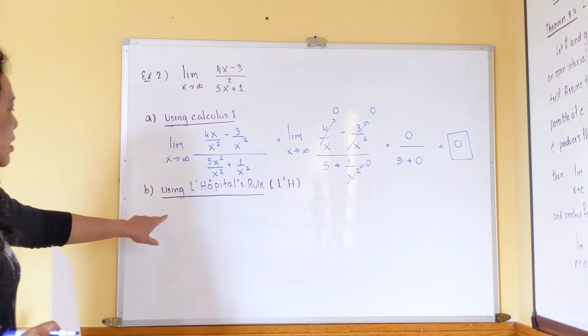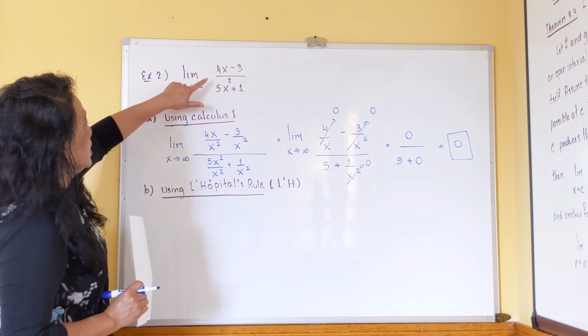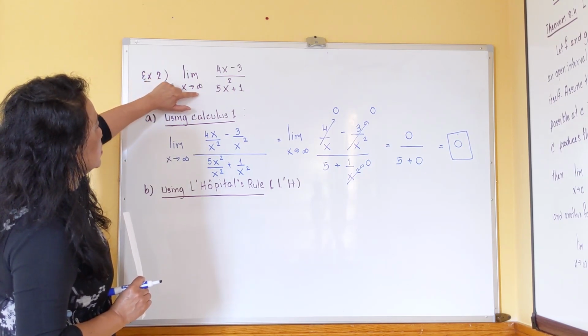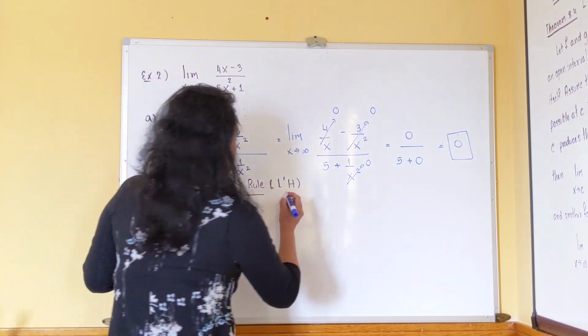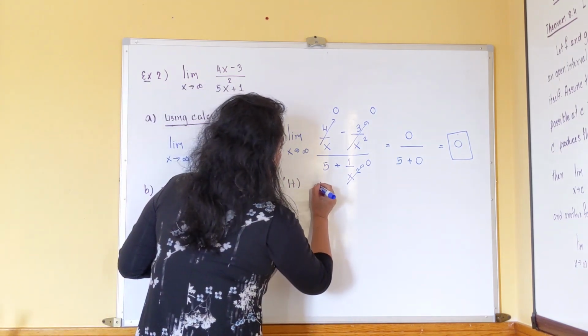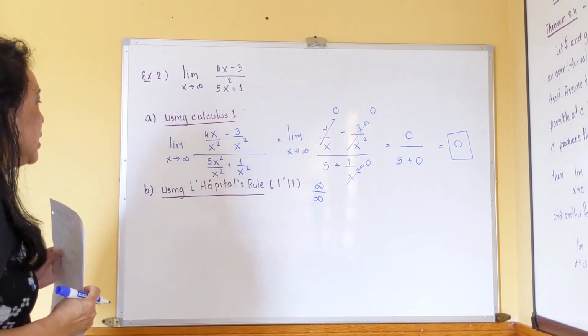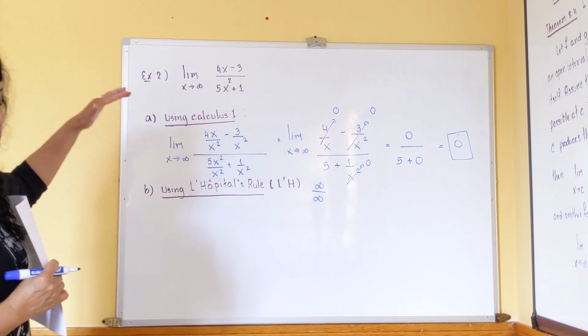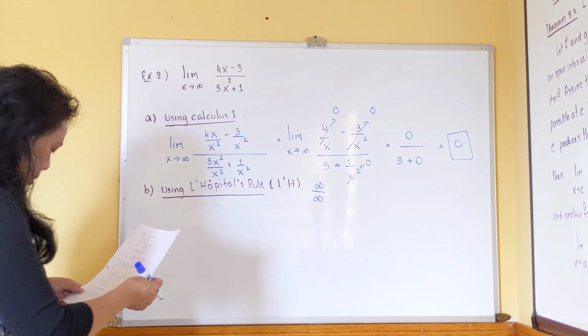Now let's say I'm going to use L'Hopital's rule. As you can see, the condition as x approaches infinity gives us infinity over infinity. In this case, we check that we have infinity over infinity, so we're going to take the derivative of the numerator separate from the derivative of the denominator.